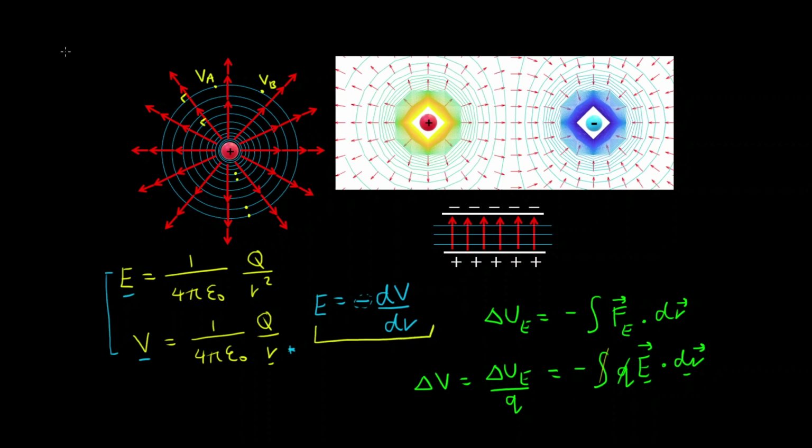And looking at a few more general examples, over here we have the electric field for a dipole. So close to the positive charge, we have spherical equipotential lines, because as we can see, the electric field is perpendicular to those lines.